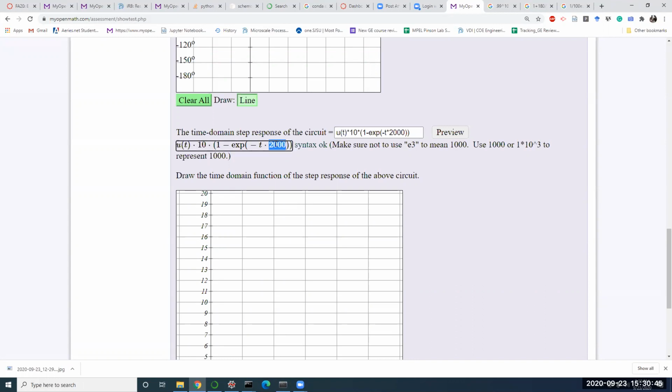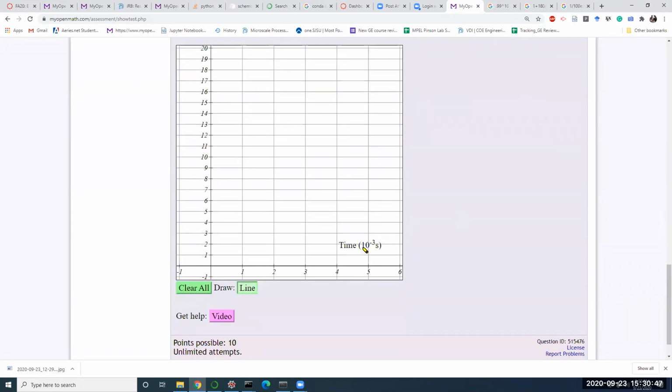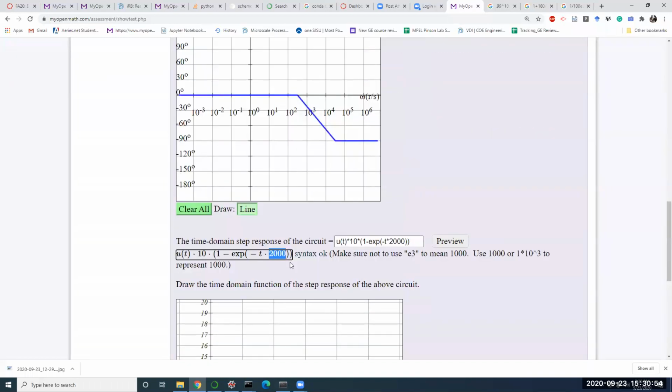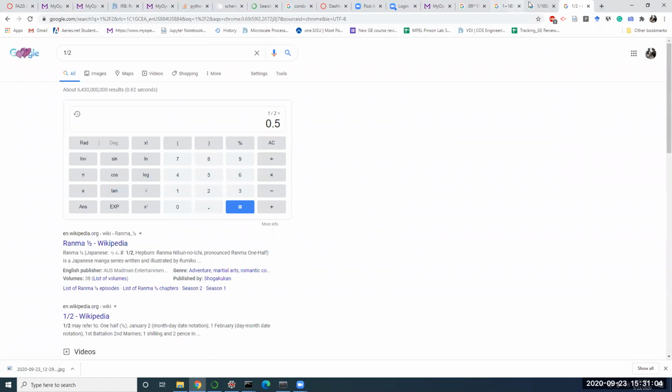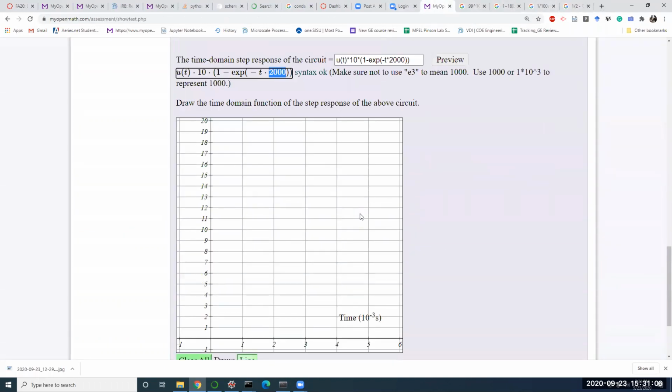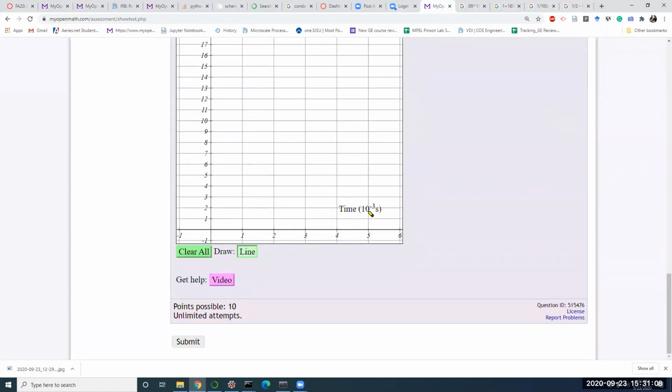Notice this is on a scale of 1, 2, 3, 4, 5, 6 milliseconds. With 2,000, tau is 0.5 times 10 to the minus 3. So it's a step response: nothing happens, then something is happening.